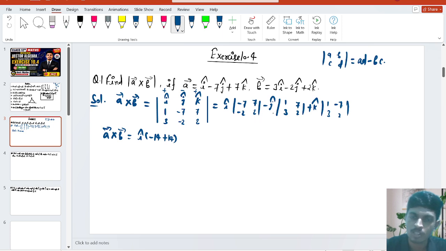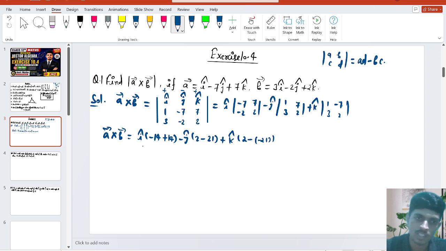Simplified. So minus j cap is 2 into 1 is 2, 3 into 7 is 21, plus 2 into 1, 3 into 7, plus k cap, this is 2 into 1 is 2, plus minus of 3 into minus 7, minus 21.